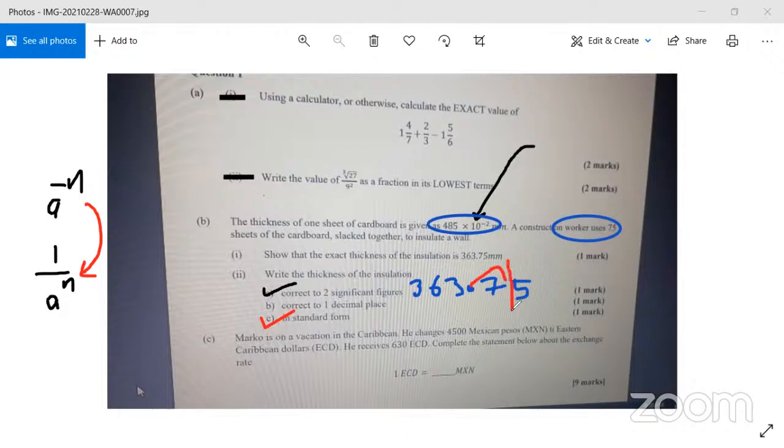Jump once, here we go, 363.8. All right, so that's going to be our answer for part B.